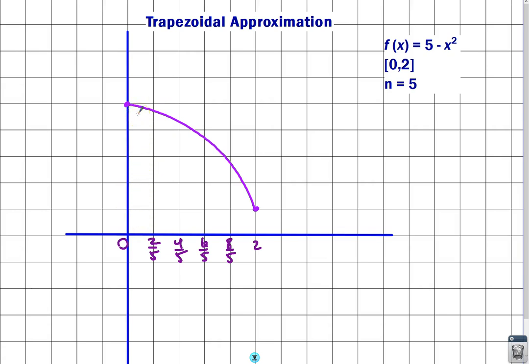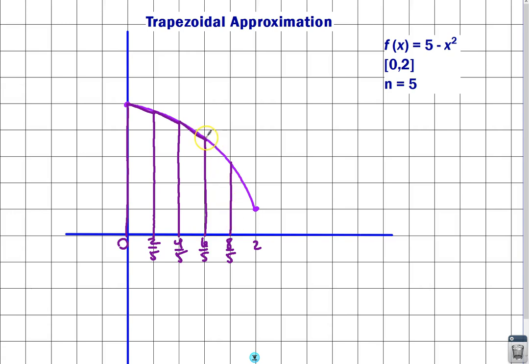Now what we are going to do is look at the y values at every interval of delta x here, and I'm going to create a trapezoid like so.